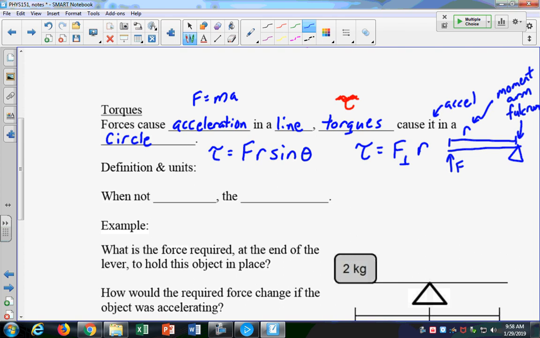The moment arm is always the distance from where the force is applied to where the axis of rotation, or the fulcrum, is. You have the force and R. In this case, for example, my axis of rotation is right here, where the chair rotates around the seat post. So if I apply a force right here, my force is whatever force I'm applying here, and R is the distance between the axis of rotation and where I'm applying the force.